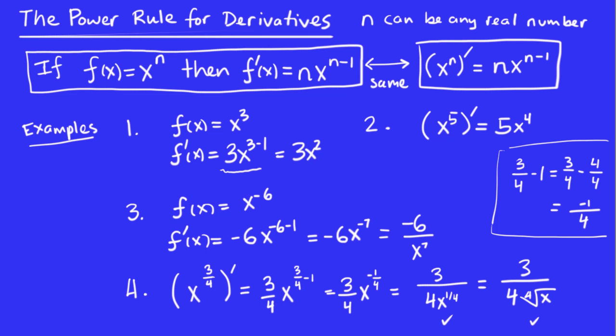I want to look at a special case of this power rule which comes up sometimes. And it has to do with the derivative of x. Let's say I want to do the derivative of x. That actually falls into this rule because, you know, x is the same as x to the power of 1, right?